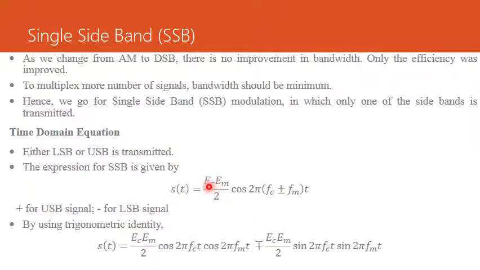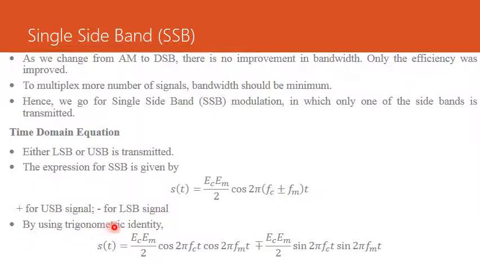So if it is Ec Em/2 cos 2π(Fc + Fm)t, then it is the upper sideband signal. If it is Ec Em/2 cos 2π(Fc − Fm)t, it represents the lower sideband signal.